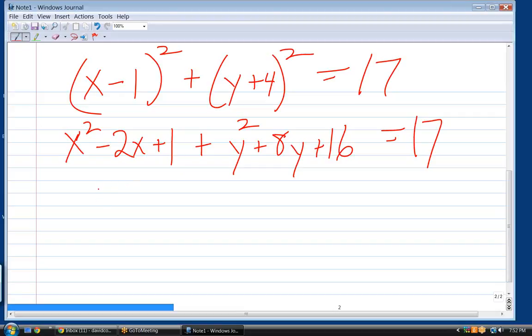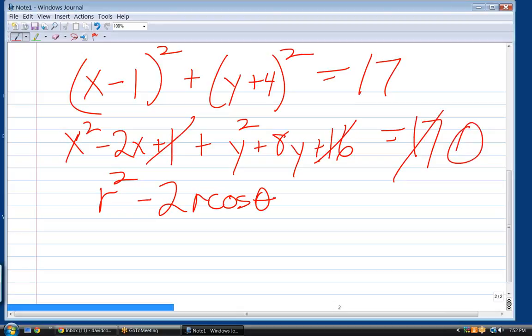It will be r squared minus 2r cosine theta, let's get rid of that 1, that's 16, and that's 17 also. And we've now taken care of that, and that. Plus 8r sine theta. So that's all equal to 0.